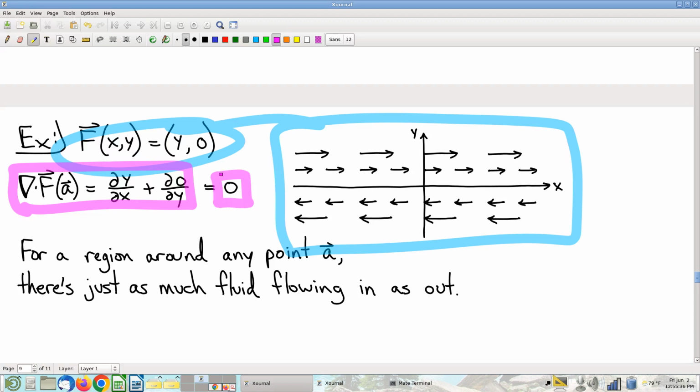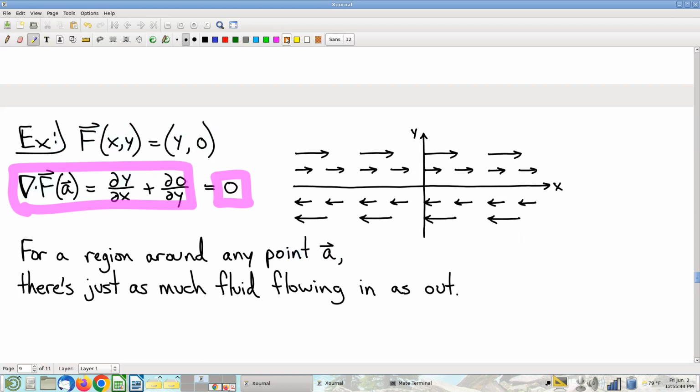What's the interpretation, and does this track with our sense for a fluid of this sort? 0 means that for any given little region, the fluid is neither emanating outward from nor converging inward toward this region.